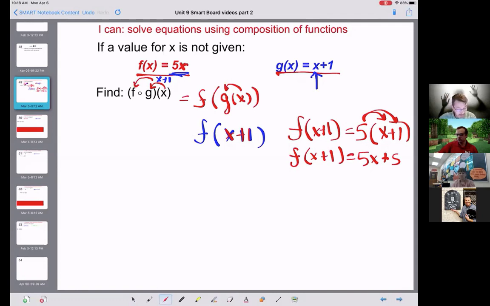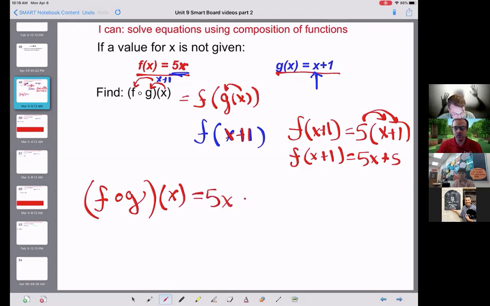So what does that mean? That means f of g of x equals 5x plus 5. Because, again, we plugged x into the g function, and that was x plus 1. And we took the x plus 1 and plugged it into the f function, and that gave us 5x plus 5.